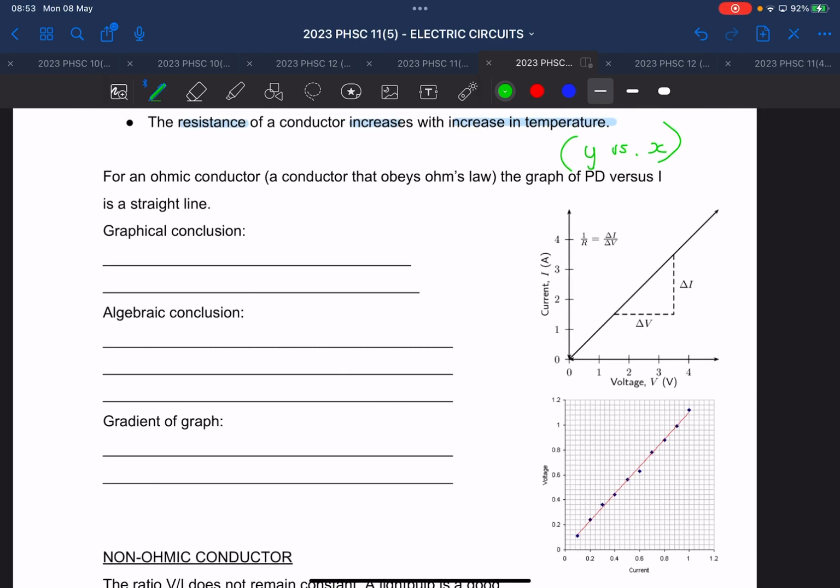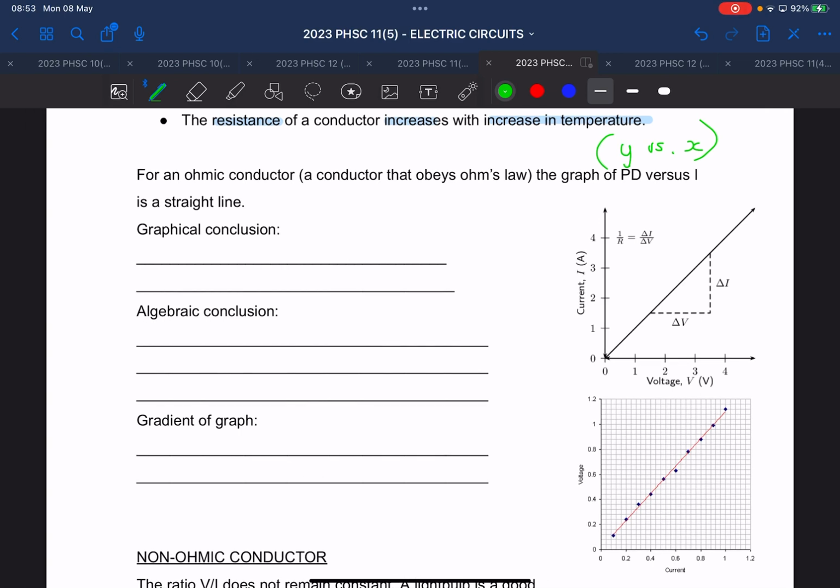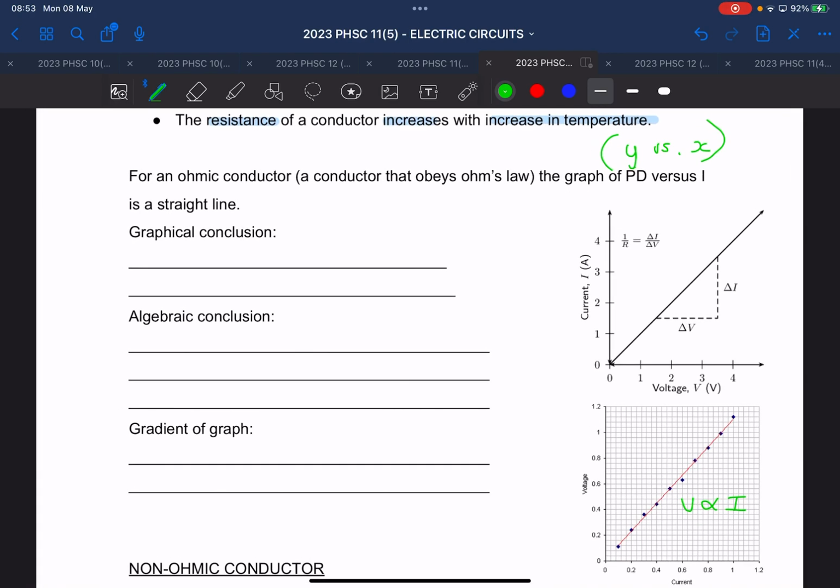So this one we're going to say voltage is directly proportional to current, and for the top one we're going to say current is directly proportional to voltage. It's the same thing.